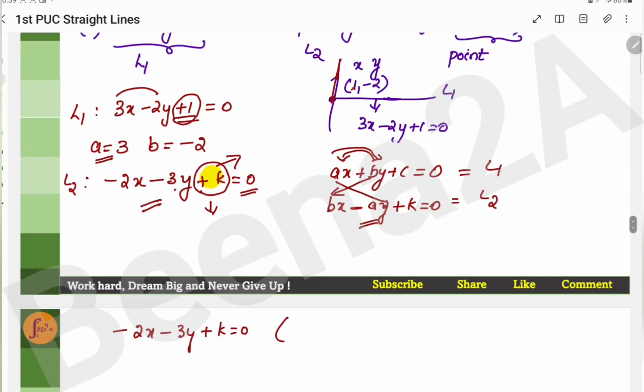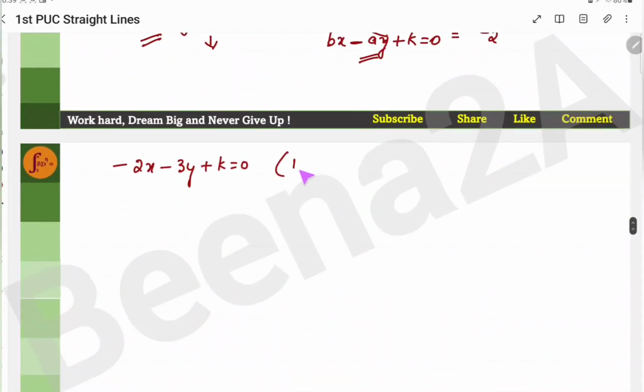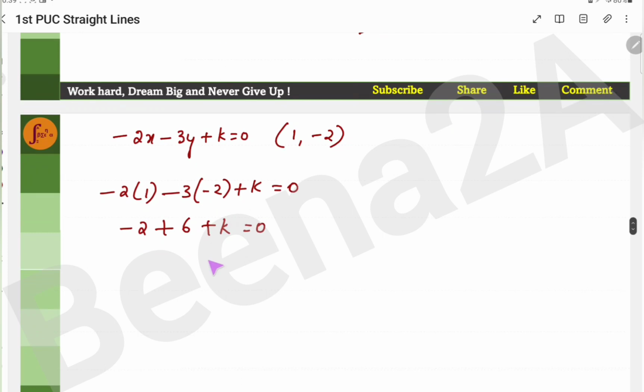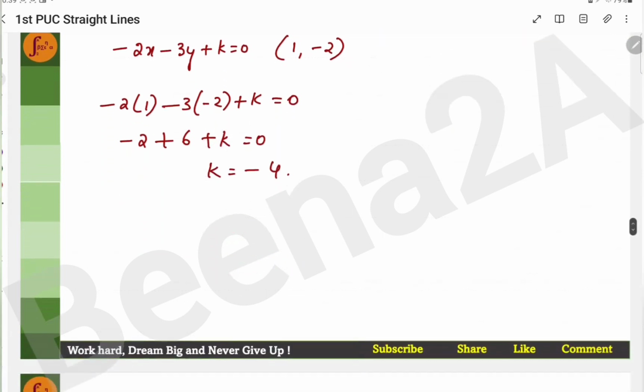Substituting 1 and -2, I get -2 into 1 minus 3 into -2 plus k equal to 0, so -2 plus 6 plus k is equal to 0. So k is equal to -4.